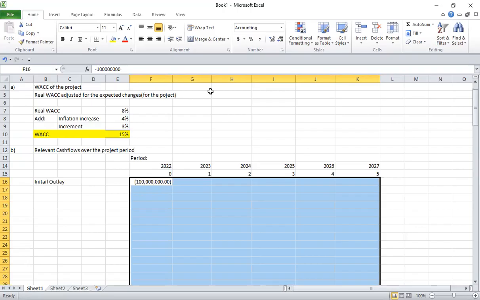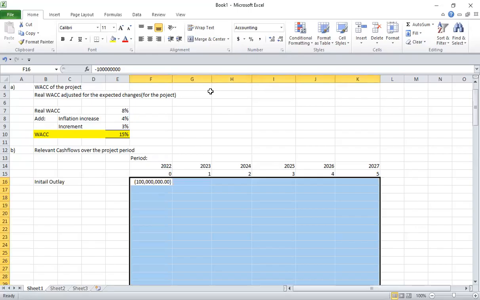And most importantly, remember that the initial outlay should apply to period 0.